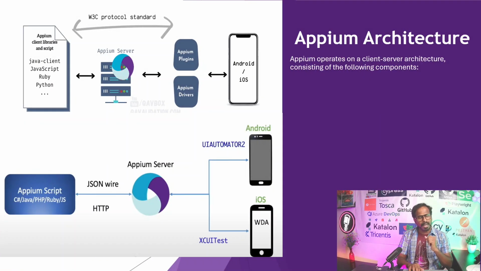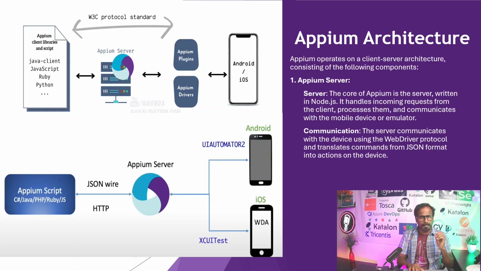First, Appium architecture. Appium operates on a client-server architecture consisting of the following components. You can refer to the diagram that is displaying on the screen while I am explaining step by step. The main component is Appium server. The core Appium is the server written in Node.js in JavaScript language.